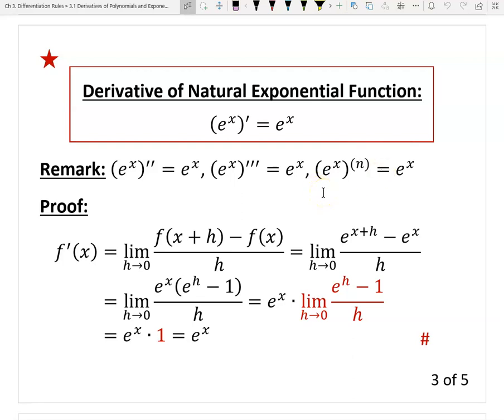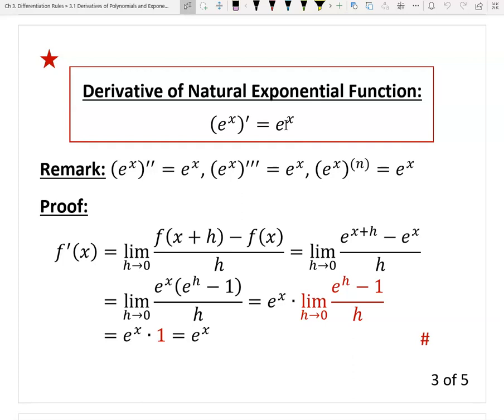In the future, for any other exponential function, if we change the base, we have another exponential besides the natural exponential. For the derivative of that kind of exponential function, we have to use these results, but we have to wait until we learn the chain rule in a future chapter.